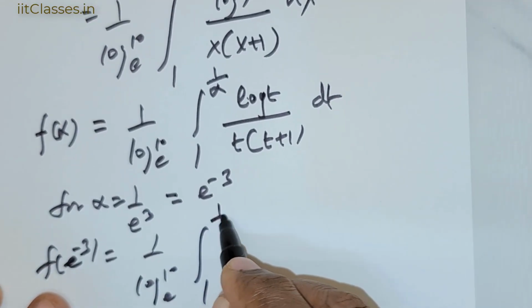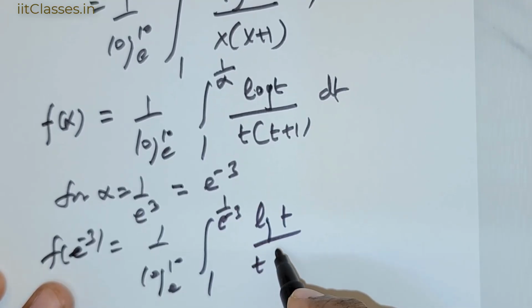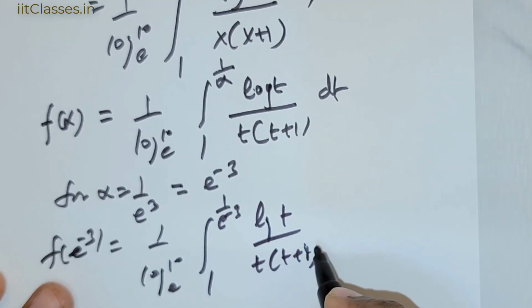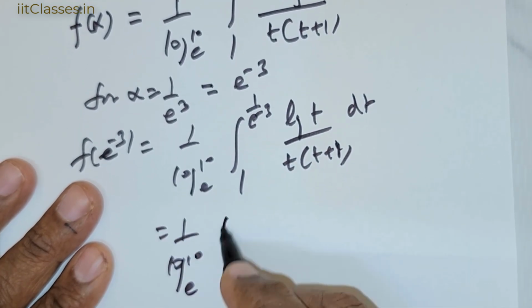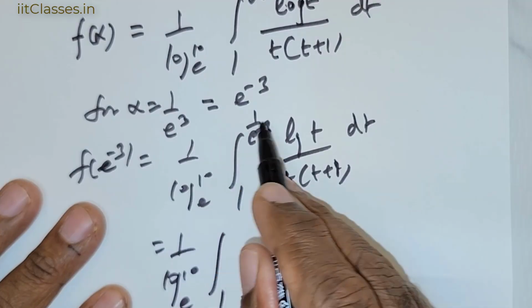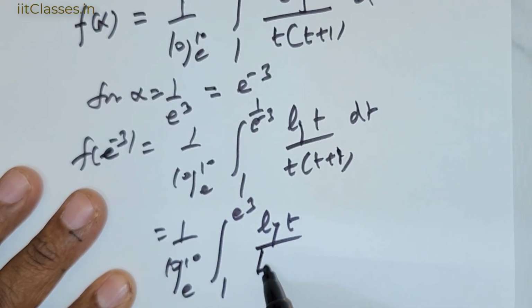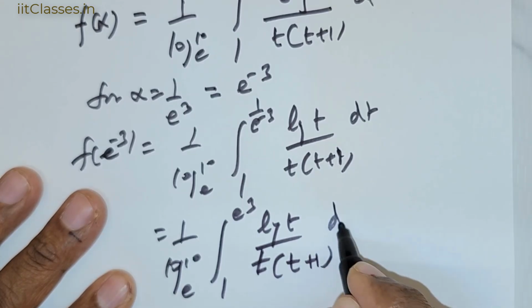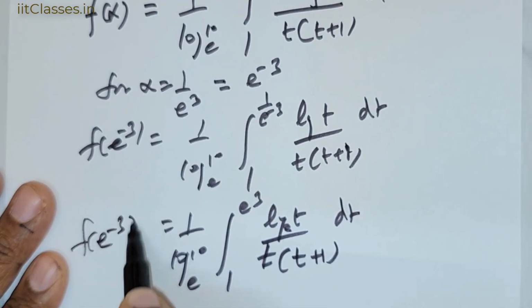So I substitute 1 over e raised to the power of negative 3, log t divided by t times (t + 1) times dt. So this is equal to 1 over log 10 to the base e, integral 1 to, now if it goes to the numerator, this is e raised to the power of 3. So you have log t over t times (t + 1) times dt. So it's all base e. Now this is f of e raised to the power of negative 3.